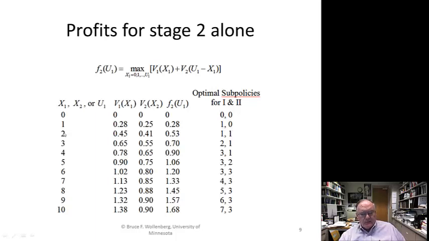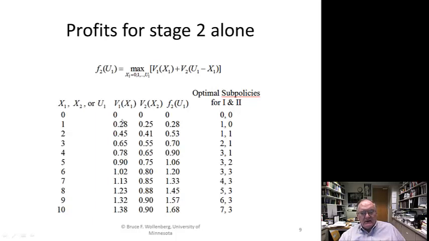Now I do it for 2. If I have 2 objects, you could say $2, or it could be $2 million, it doesn't matter. We just have the unit 2. If I can invest 2 here, I could do 2 into V1 and get 45, or 2 into V2 and get 41, or I could do 1 each.